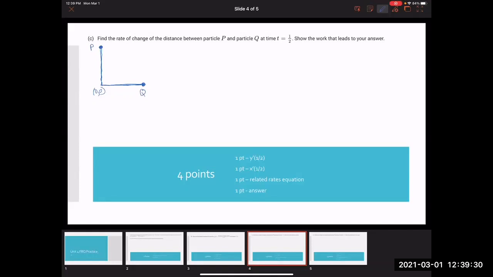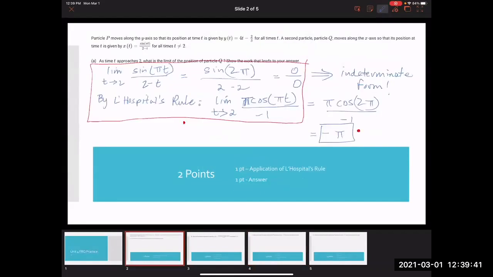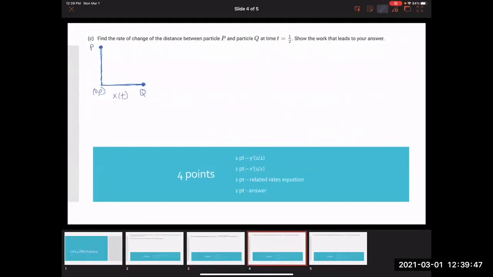Now I'm going to call the distance from the origin to Q x of t, because that is how its function is defined. If you go back to the original question stem, it defines its position as x of t. So in the picture, I'm going to do the same thing. The position of particle P is given by y of t, because it's traveling along the y-axis.